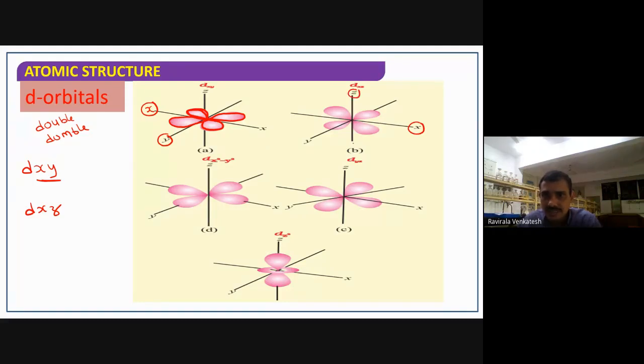Now between these two, we are drawing a dumbbell shape, between x and z. Now slightly on the y-axis, draw one more dumbbell. Now we got dxz.